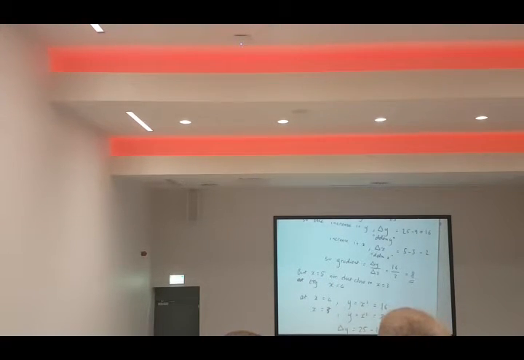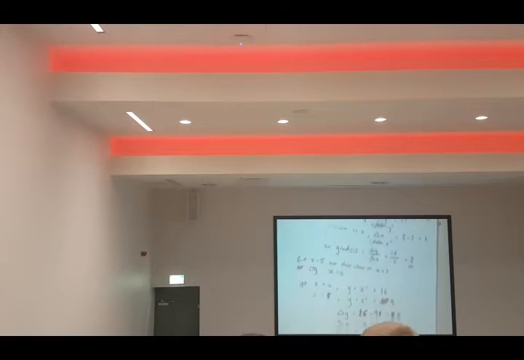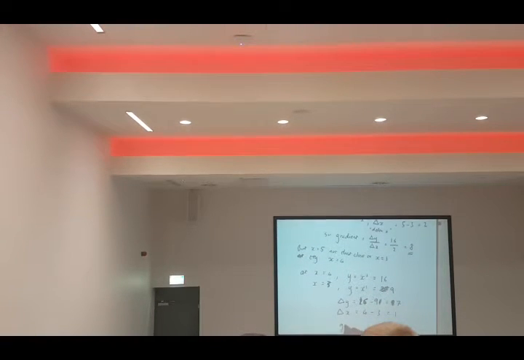The change in y then is from 16 down to 9. Correct that: 16 down to 9, which is 7. And the change in x is 4 minus 3, which is 1. So the gradient, delta y over delta x, is 7 over 1, which is 7.